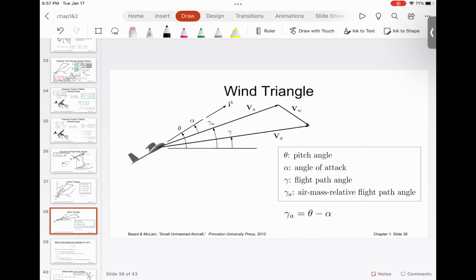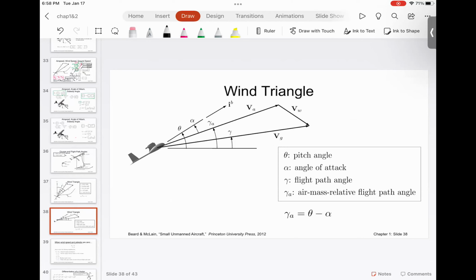And again, if you look from the front, when the aircraft is taking off, you have the pitch angle, which is the angle that we want the aircraft to pitch in. You have the angle of attack, alpha. You have the flight path angle, and then they also sometimes define gamma a, which is the air mass relative flight path angle.